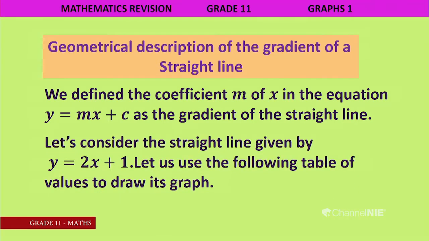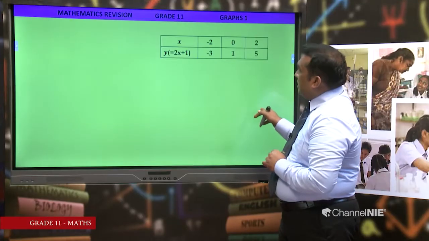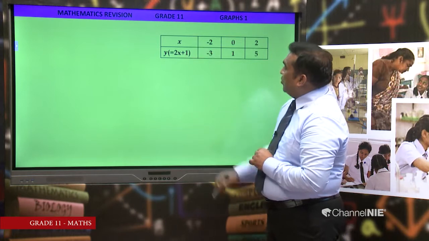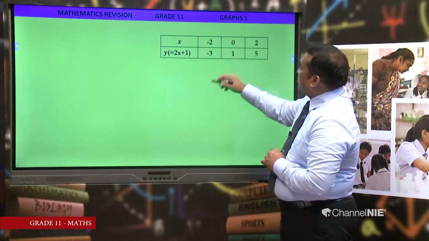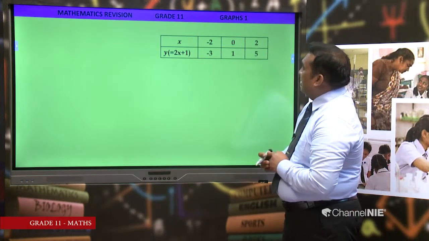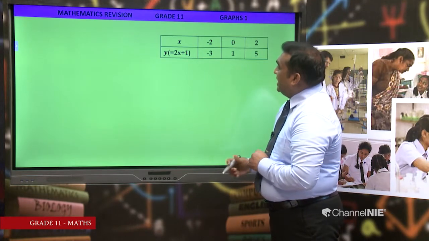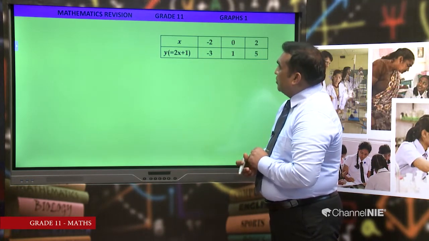Let us consider the straight line given by y equals 2x plus 1. Let us use the following table of values to draw its graph. Here the x coordinates are minus 2, 0, 2, and we find the corresponding y coordinates using the method of substitution.